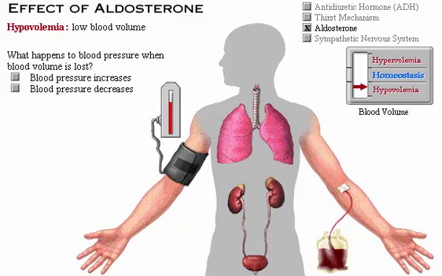Remember, if blood volume decreases, blood pressure also decreases. When a person experiences blood loss, blood pressure decreases. Because a hypovolemic person experiences a decrease in blood pressure, juxtaglomerular cells in the arterioles of the kidney release renin.